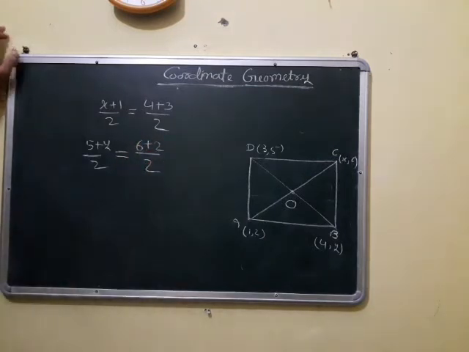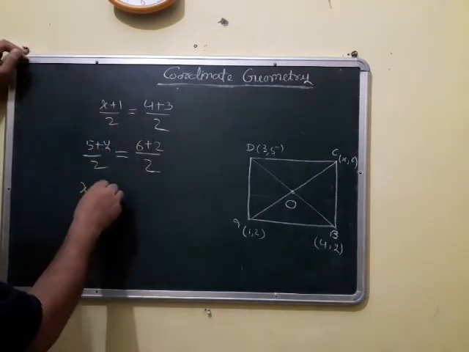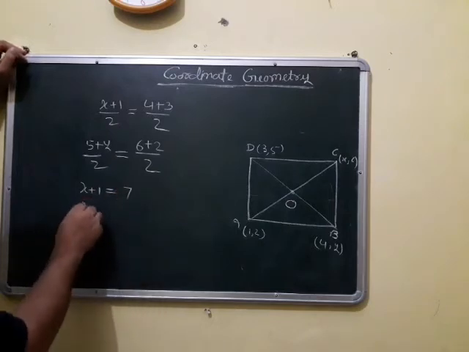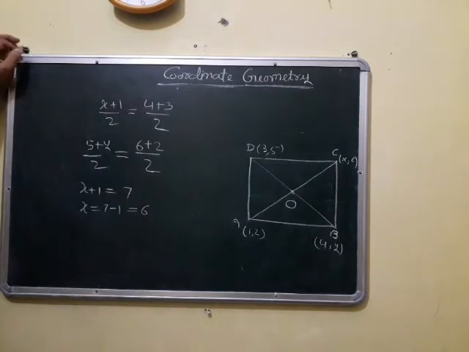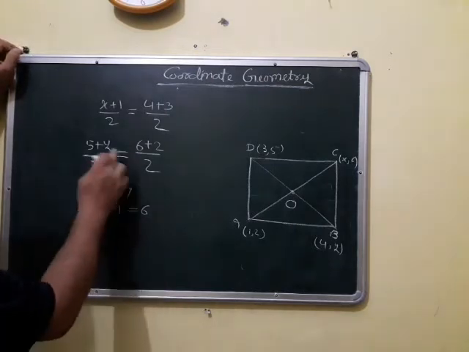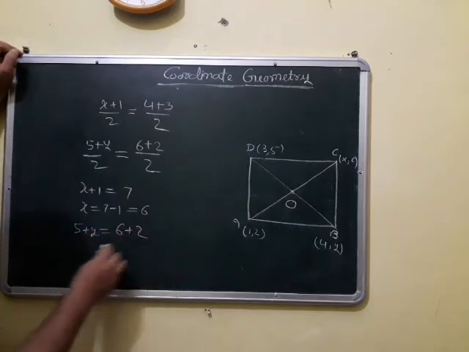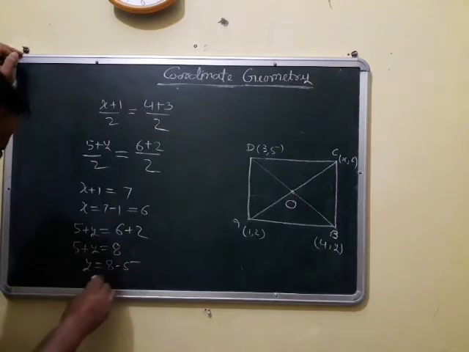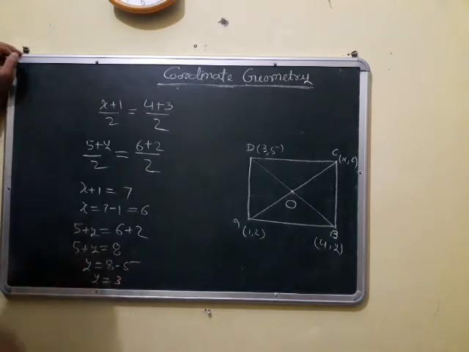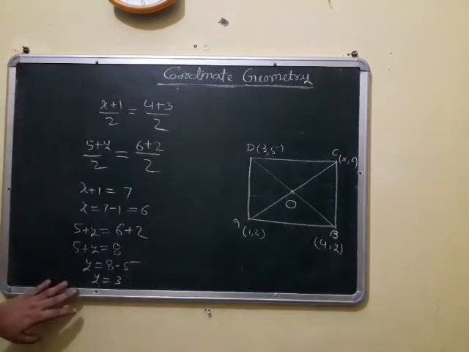Clear? So here we find that x + 1 is equal to 7, so x is equal to 7 minus 1, which is 6. And 5 + y is equal to 6 + 2, so 5 + y is equal to 8, so y is equal to 8 minus 5, which is 3.